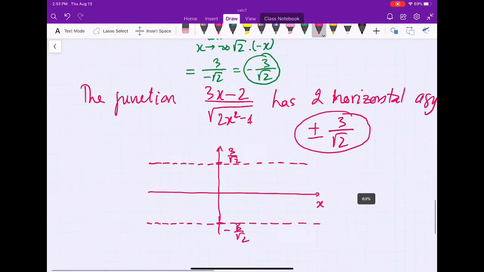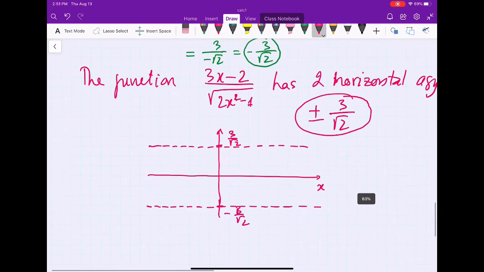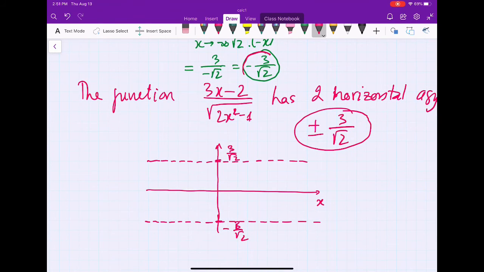And when x approaches negative infinity, so the function approaches this. You see? So negative infinity is right here. The function approaches this, so I might have something like this. Right? That is the behavior of the function at negative infinity. And when x approaches positive infinity, I have the following picture. And what is happening here, I don't know. We need to analyze using the first and the second derivative.